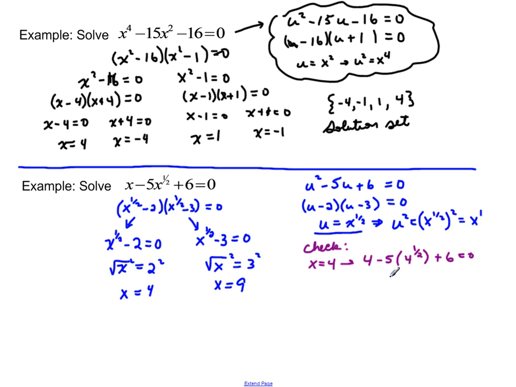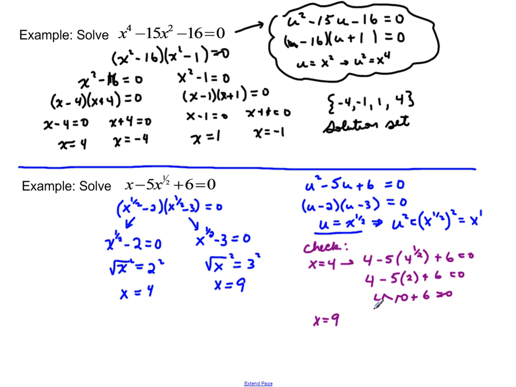And is it? Well, 4 minus 5 times 4 to the 1/2 is the square root of 4. That's 2. Plus 6 equals 0. 4 minus 10 plus 6 equals 0. And yeah, sure enough, 4 minus 10 is negative 6 plus 6. That does equal 0.